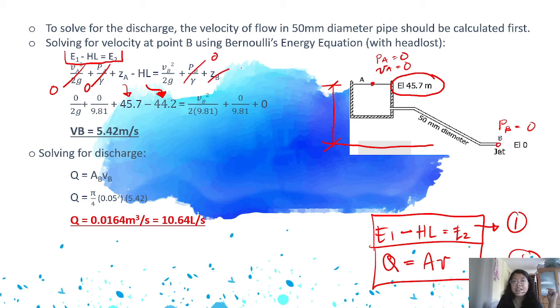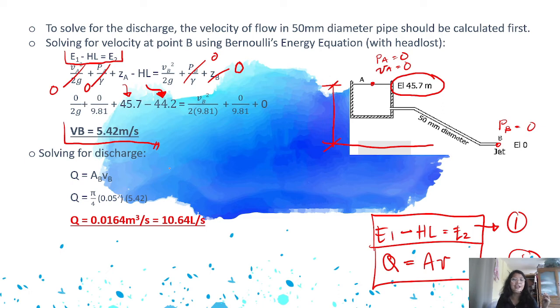And then ZB, since yun nga yung ating reference point, the elevation at that point is equal to 0. Okay? So, calculating that, VB squared over 2g, 2 by 9.81, is equal to 45.7 minus 44.2. So, you will get a value of velocity at point B of 5.42 meters per second.